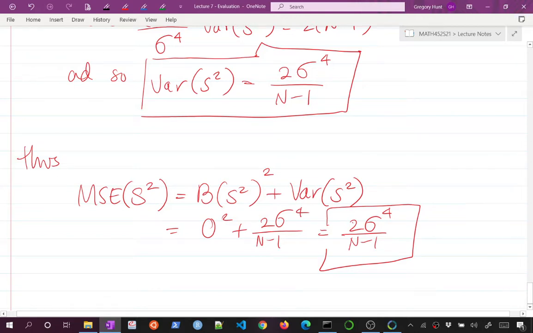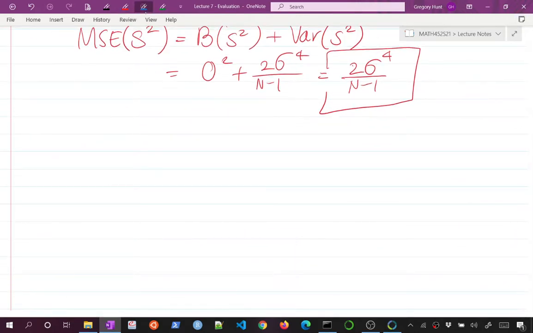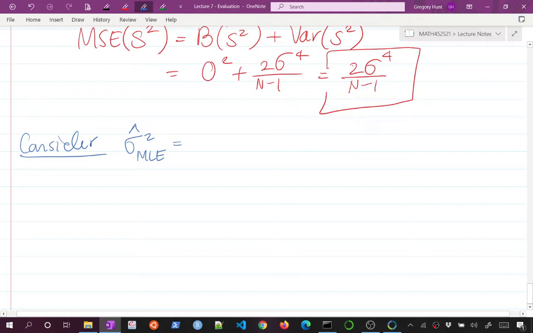So let's look at another estimator. This is all kind of one long example for a while here. Consider another estimator. If you remember our MLE for sigma squared, if our data were normal, we had derived that the MLE, sigma hat squared MLE, was almost s squared, but instead of having a 1 over n minus 1 out front, it had a 1 over n.